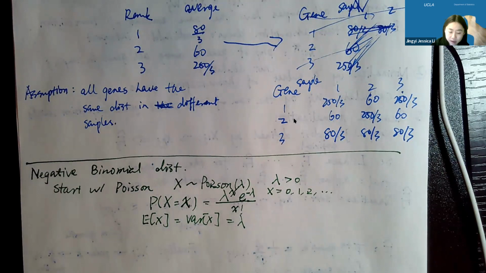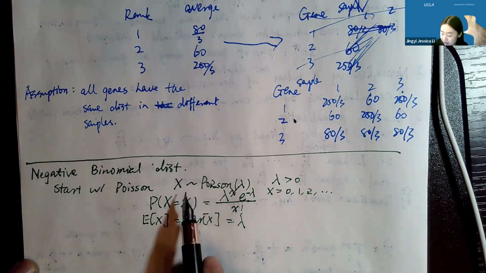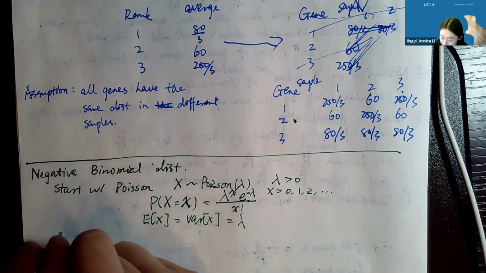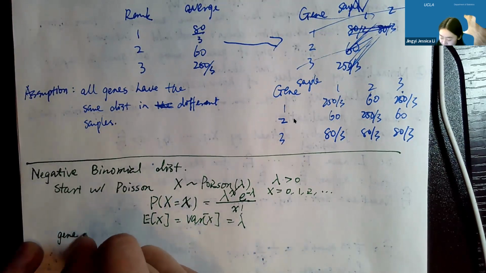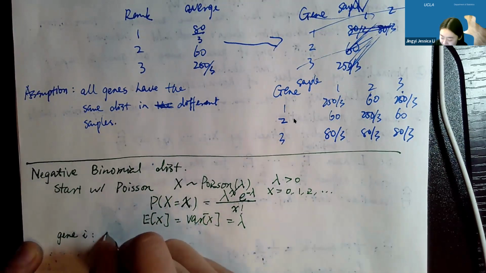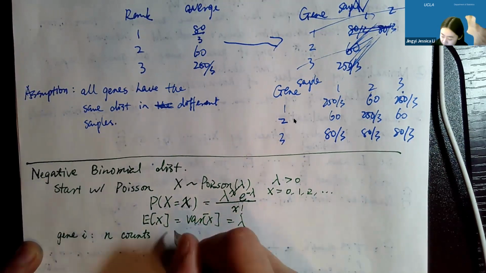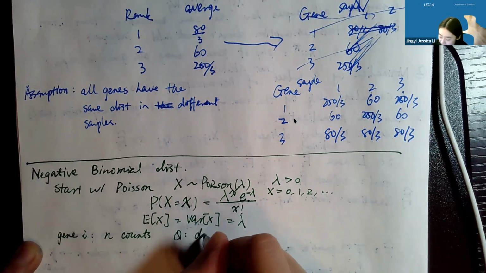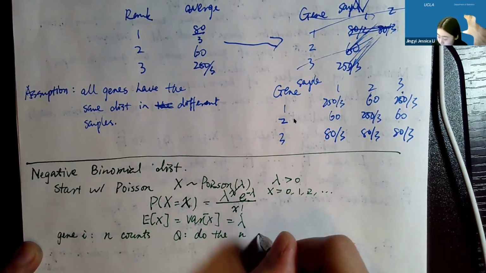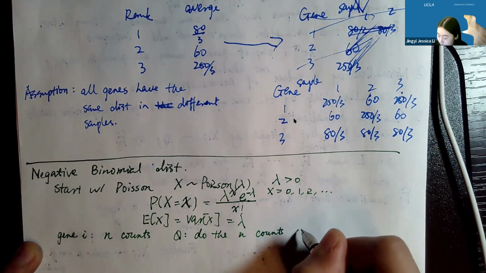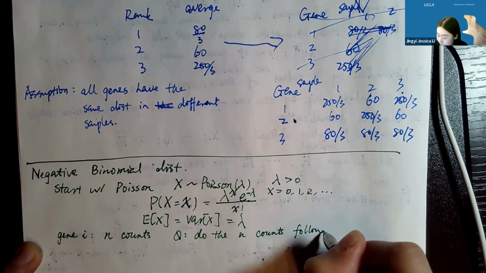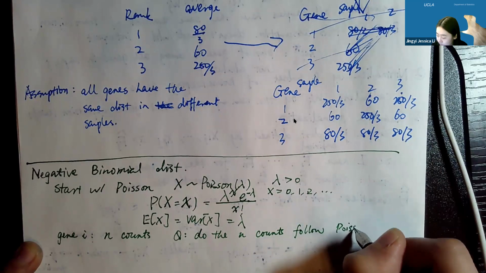So this is Poisson. But when we use Poisson to fit our data, let's say for a gene i, and we have n counts, the question is, do the n counts follow a Poisson distribution?